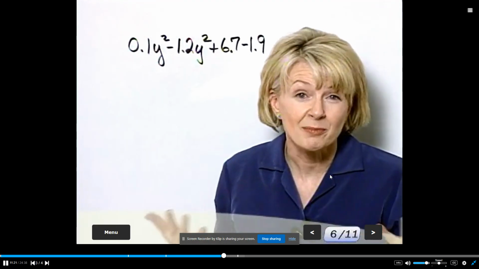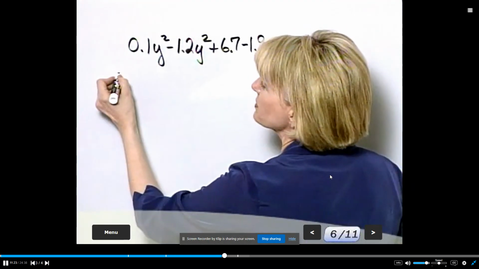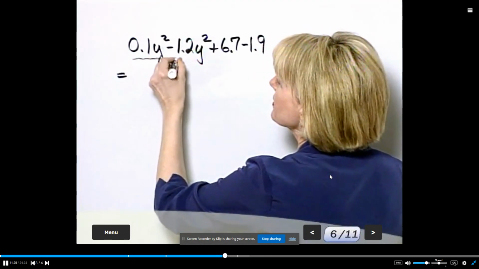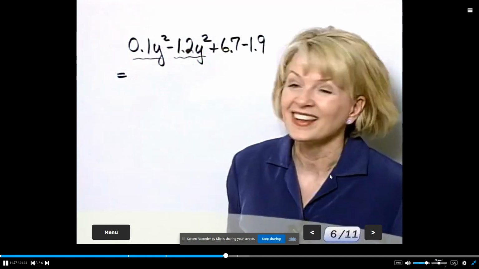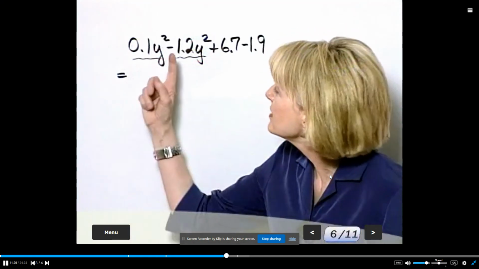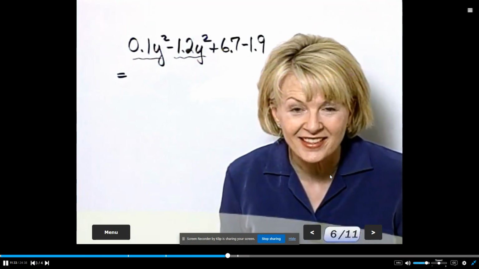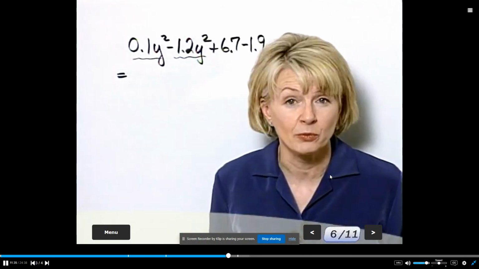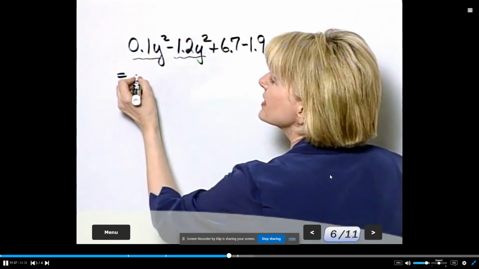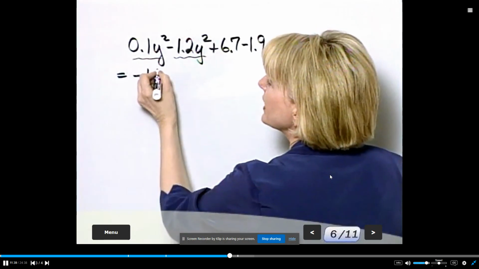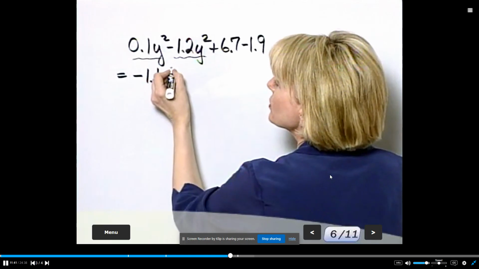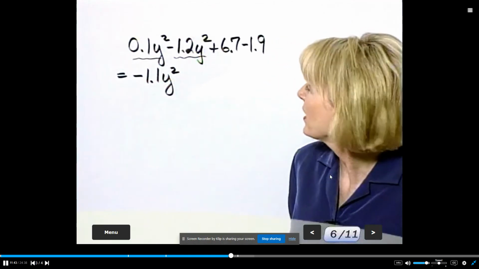I'd like to simplify by combining any like terms. Notice these two terms are like terms, so what is 1/10 minus 1 and 2/10? If you need to, go off to the side and work that out, but that is negative 1 and 1/10, and then don't forget we have y squared.